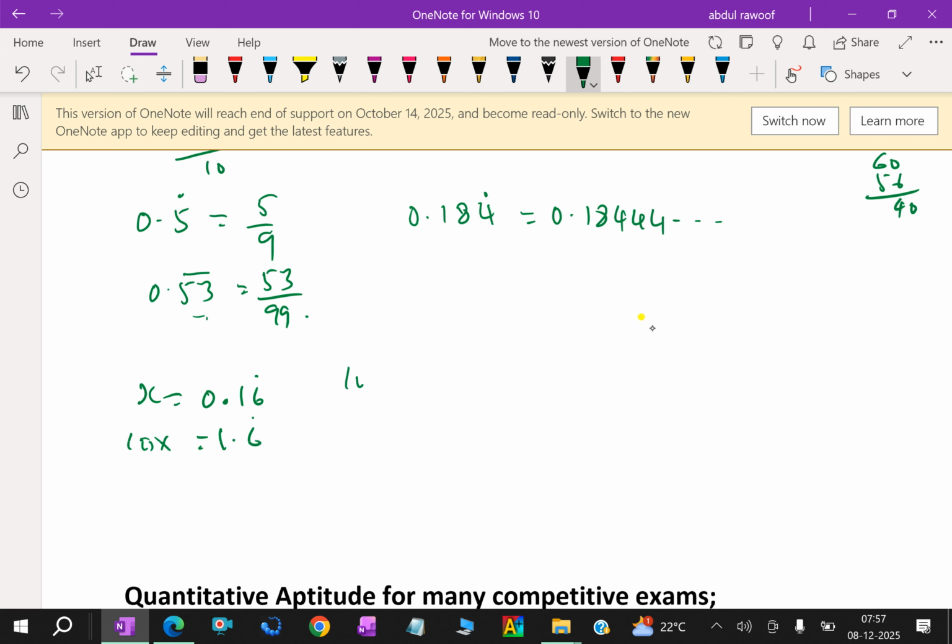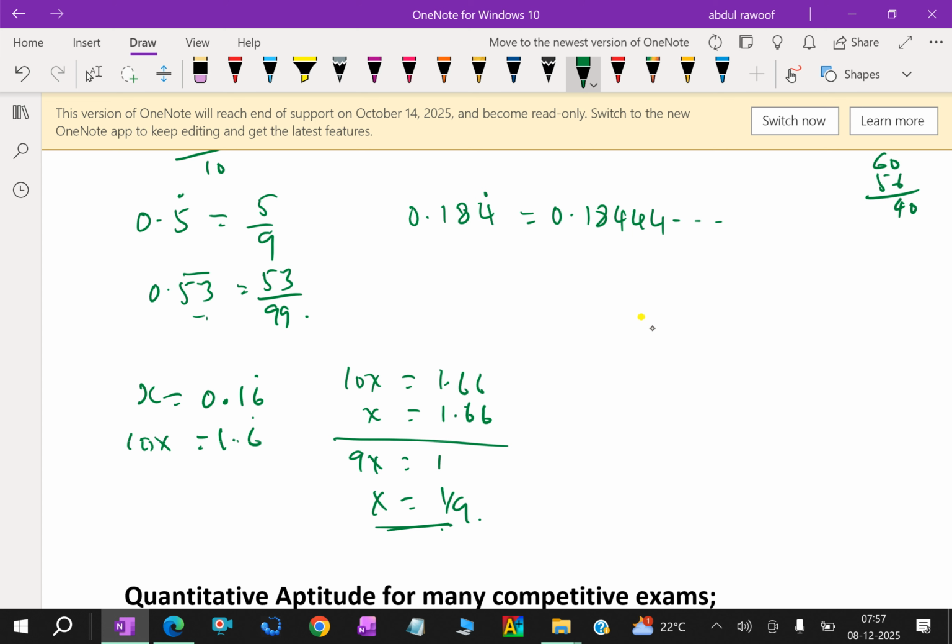Subtracting, 10x is 1.66 recurring and x is 0.16 recurring, because 0.6 is recurring. Subtracting gives 9x equal to 1.5. Therefore, x equal to 1 over 9.